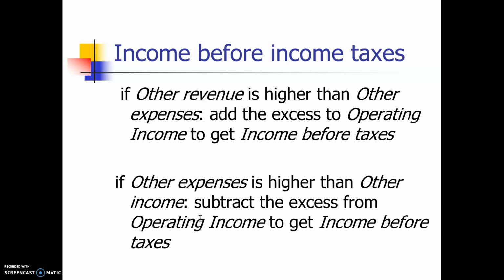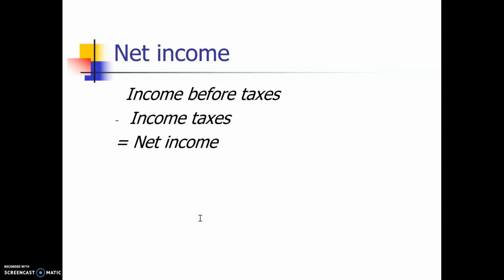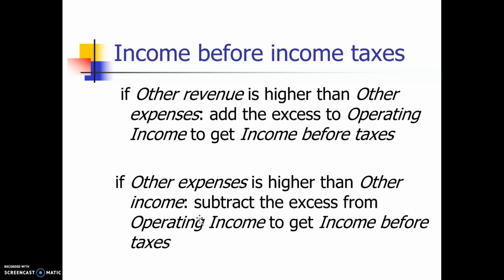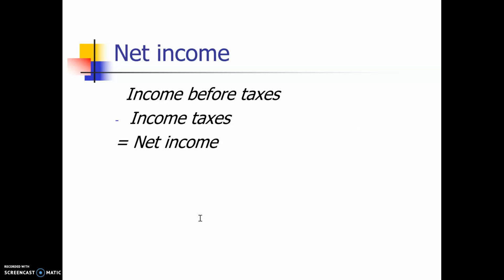If the other expenses are higher than the other revenue, then the difference is going to be subtracted. And that's going to get us to our income before taxes. After our income before taxes, we subtract our income taxes and we get to net income.